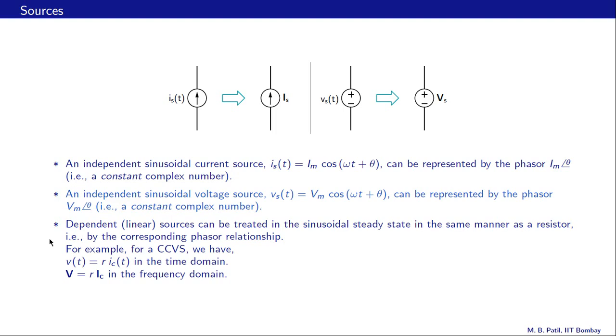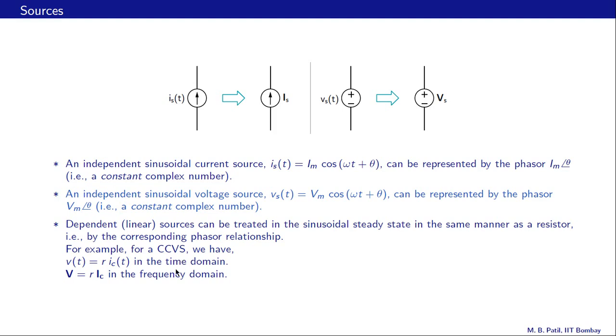What about dependent sources? Dependent sources can be treated in the sinusoidal steady state in the same manner as we treated a resistor, that is by the corresponding phasor relationship. For example, let us consider a CCVS, that is a current controlled voltage source.